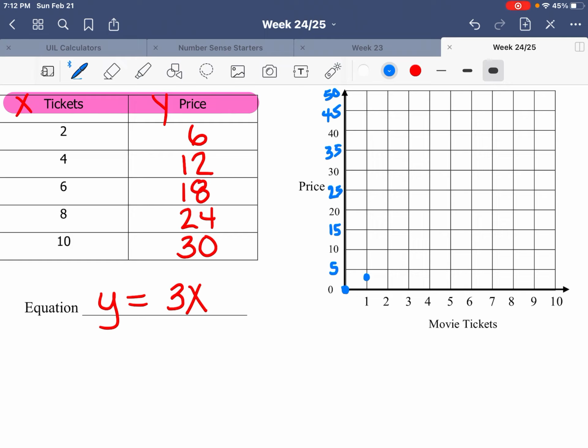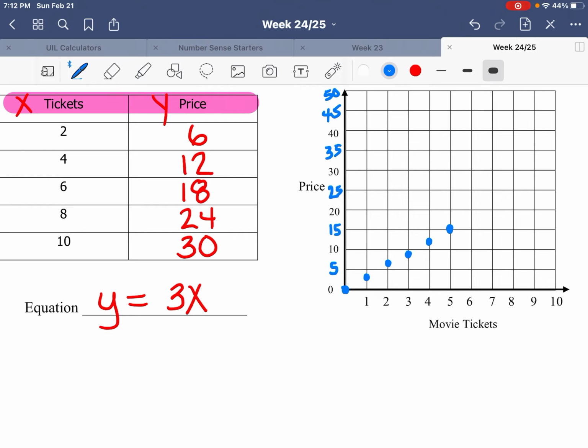If I buy 2 tickets, it costs me $6. I'll graph that right about here. 3 tickets, $18. I'm sorry. Yeah, 3 times 3 is 9. 3 tickets, $9. That wasn't on my table. 4 tickets, $12. 5 tickets, 5 times 3 is 15.